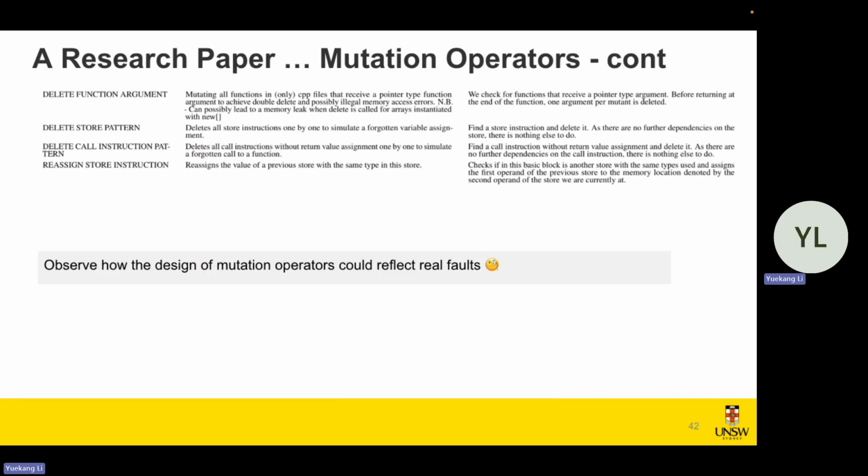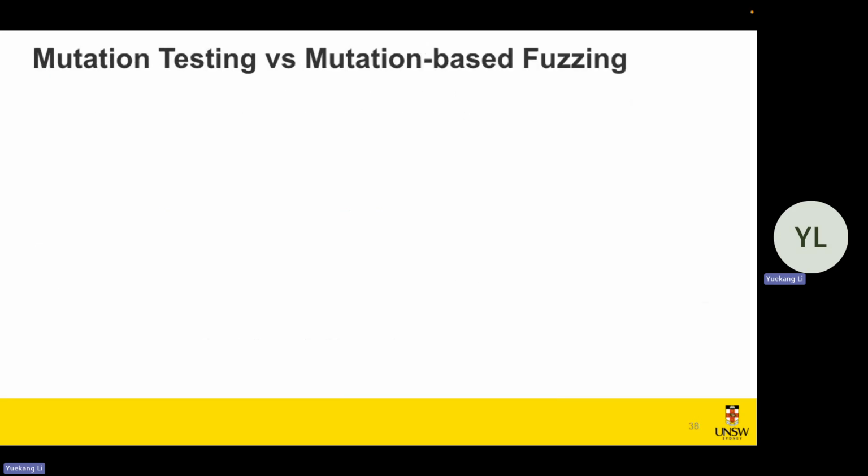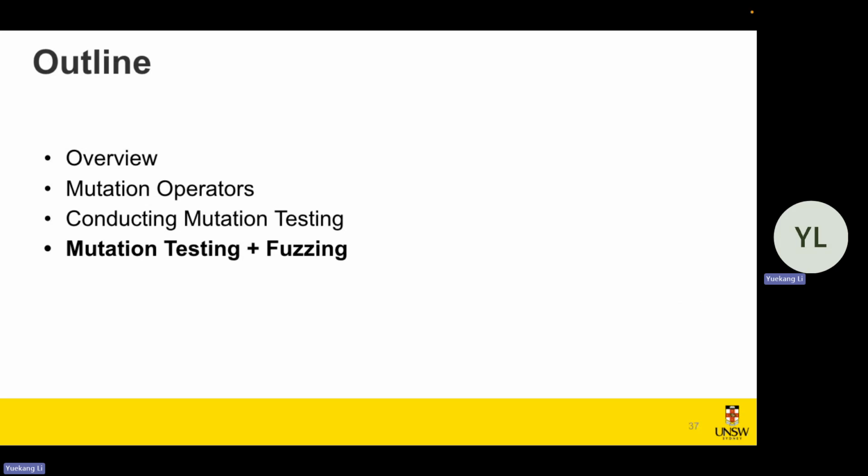And before we end, let's have a quick recall of what we have covered today. As I go through this, you can try to see if you can still remember the key concepts. So for mutation testing, the purpose starts from a question like how can we evaluate the quality?